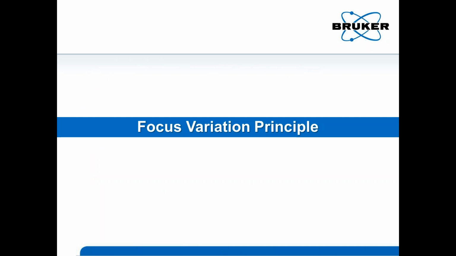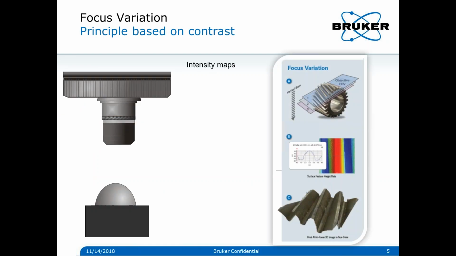First of all, focus variation is a known technique, and we will check its principle in order to understand the reason behind its effectiveness on rough surfaces and large fields of view. Basically, focus variation is pretty similar in essence to confocal or white light interferometry technologies.